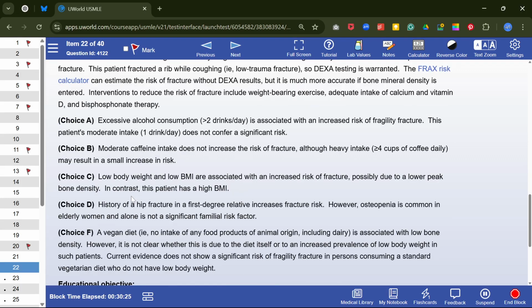A vegan diet, with no intake of any food products of animal origin, including dairy, is associated with low bone density.